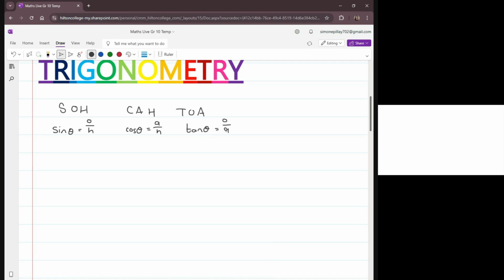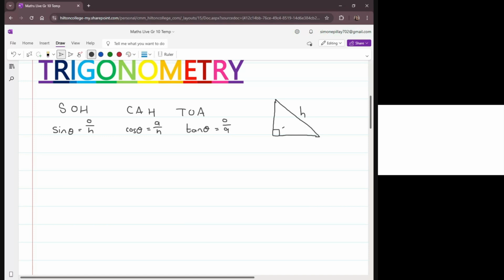Now, what do we mean when we're talking about opposite, adjacent, hypotenuse? Remember, trig only works when we're in a right-angled triangle. Our hypotenuse is always the side opposite the right angle.